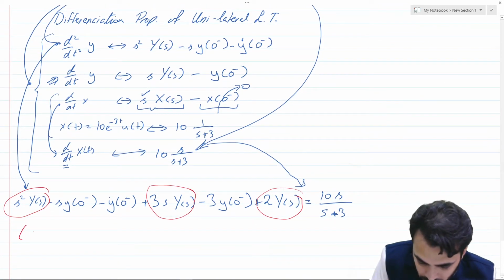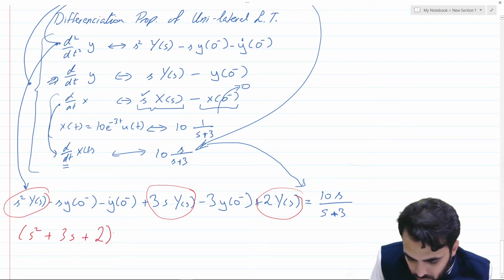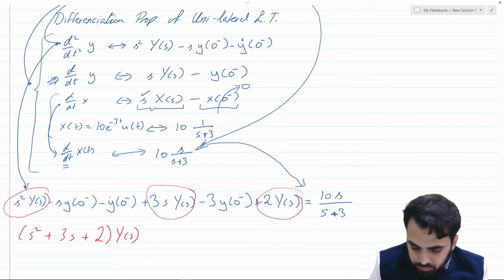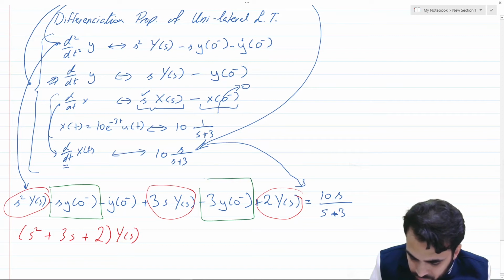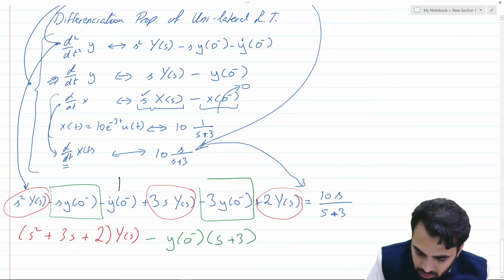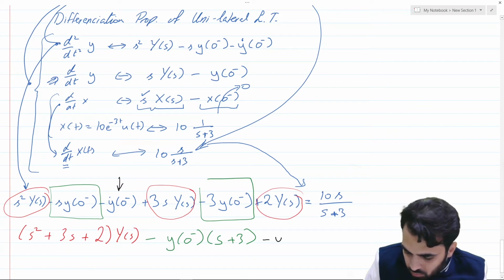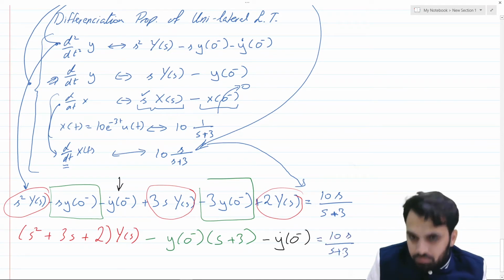Now we can combine the y of s terms, so then we would have s square plus 3s plus 2 times y of s. Next we can lump together these initial conditions, so we would have minus y of 0 minus times s plus 3, plus we are left with y dot of 0 minus, and then we have 10s over s plus 3.